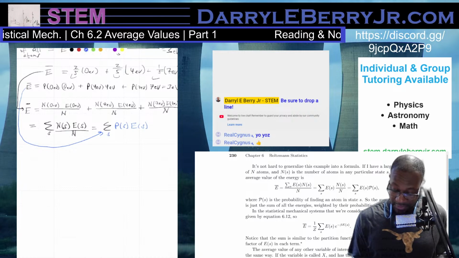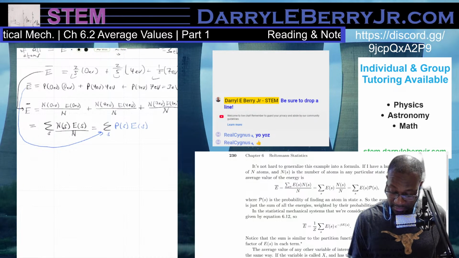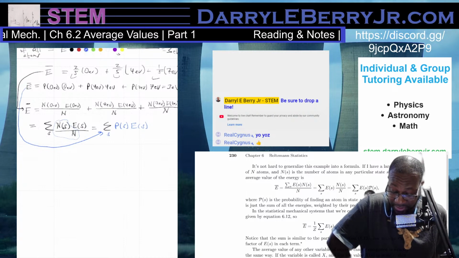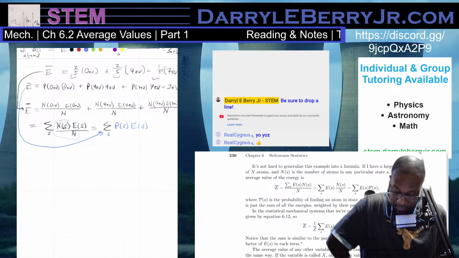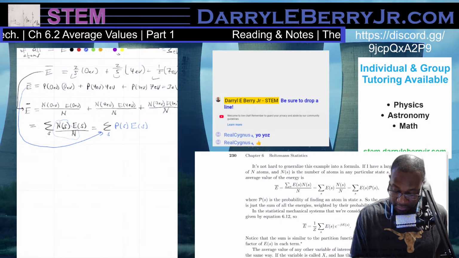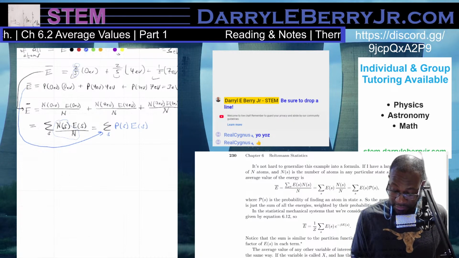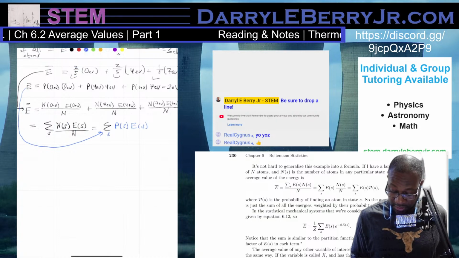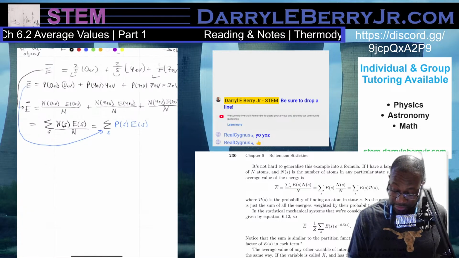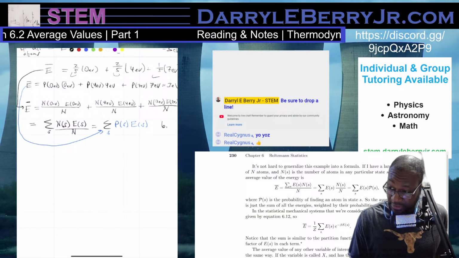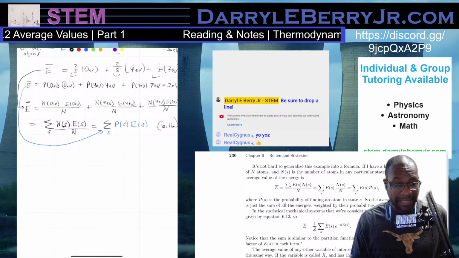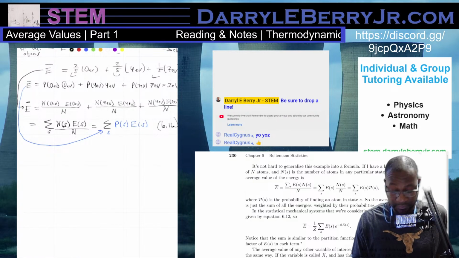So basically N_s divided by N is the probability. And this is N_s and this is N. All right, easy enough. And this is equation 6.16, where P_s is the probability of finding an atom in state s.